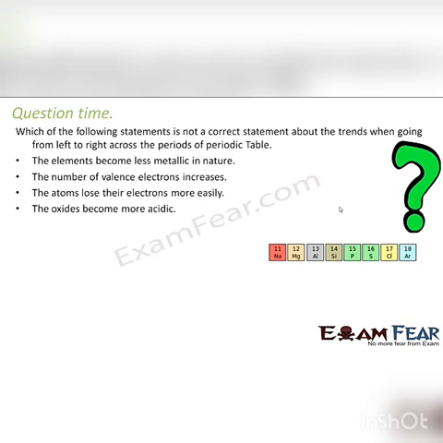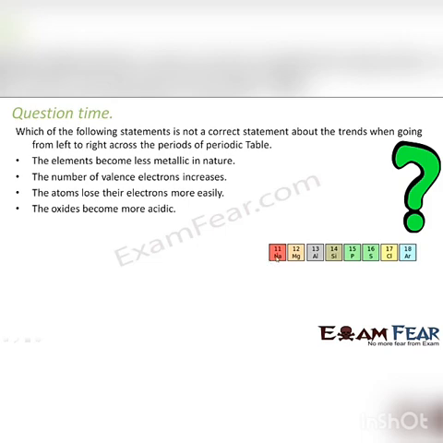Which of the following is not a correct statement about the trend from left to right? The elements become less metallic in nature. That's correct because the metallic character is decreasing. The number of valence electrons increases. That's also correct. This one is 1, this one is 2, 3, 4 electrons. Correct. The atoms lose their electrons more easily.